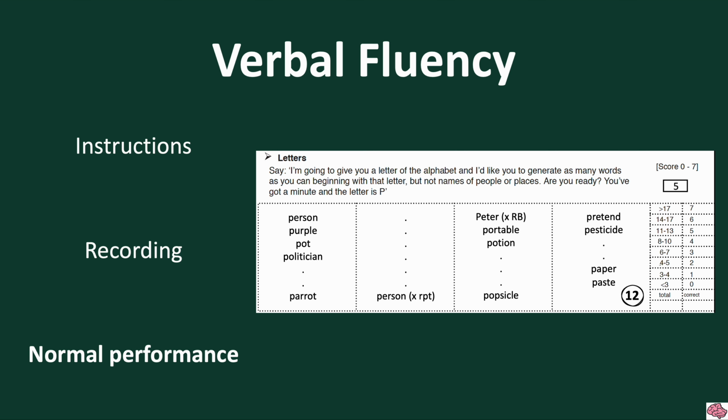Now, that's actually only 1 more than the average 10-year-old. So it's worthwhile keeping in mind and always documenting what the exact number of words generated was, not just the score for the particular instrument.